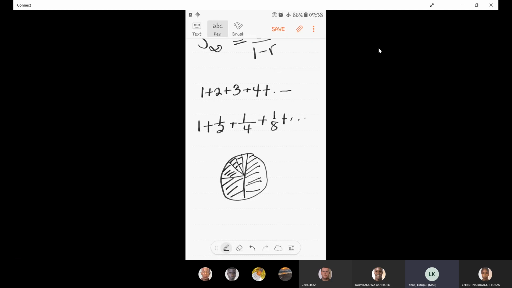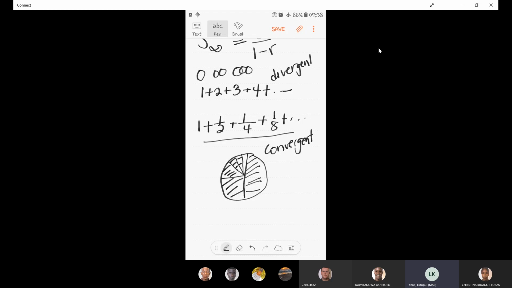Unlike with this one here, it's like you add one cake, then you add 2 cakes, then 3 cakes, and so on. Okay, so this geometric progression or sequence is convergent, and then this one here is divergent.